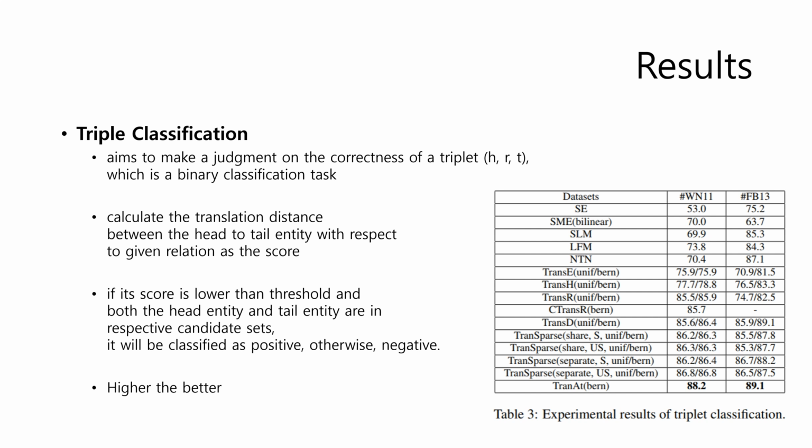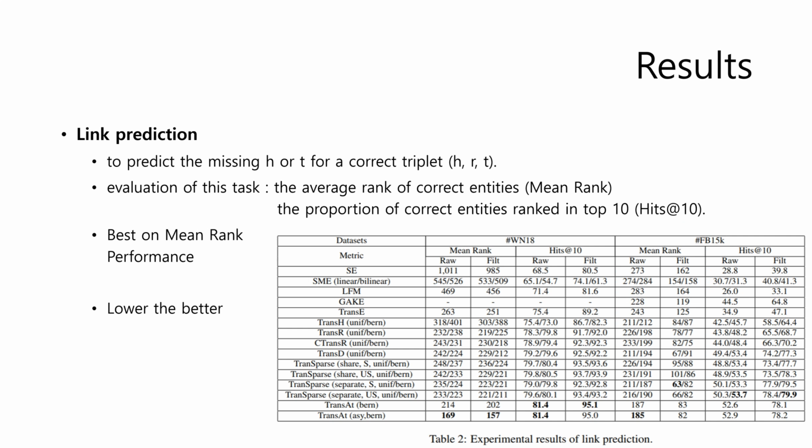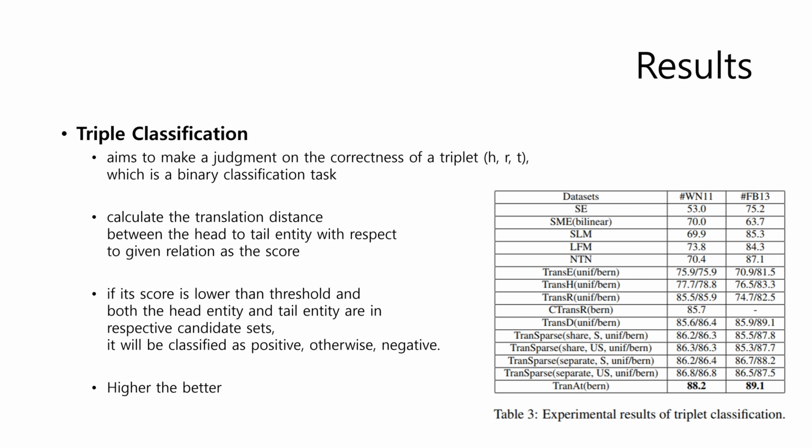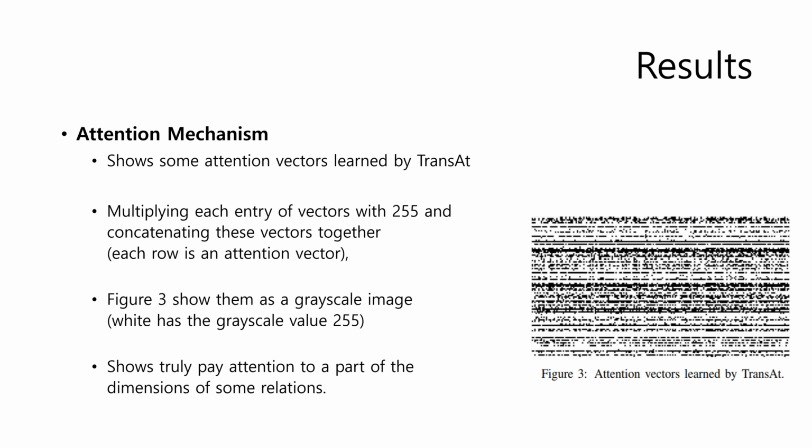Otherwise, it will obtain decidedly worse results since they merely think the triple with entity not in candidate sets are negative. I forgot to say this, but on link prediction, lower is better, and on triple classification, the result is higher the better.